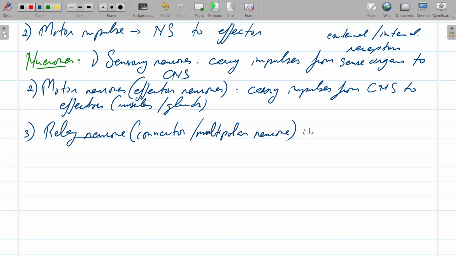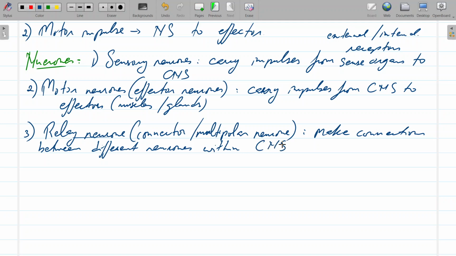It's neither the sensory nor the motor neuron, and what they do is that they make connections between different neurons within the central nervous system.